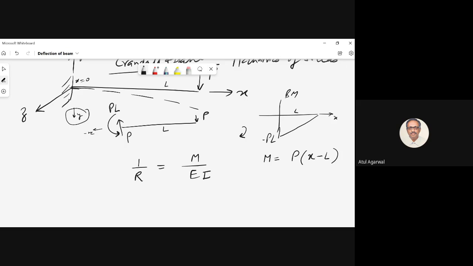Put x equal to L, you get 0. Is it all right? Any questions? I say bending moment at any position is P into x minus L. If you had taken any position here, at position x, you could have found the bending moment externally applied from the support.